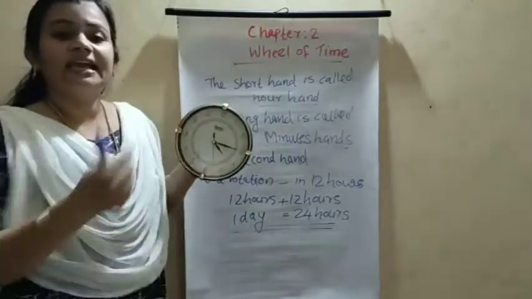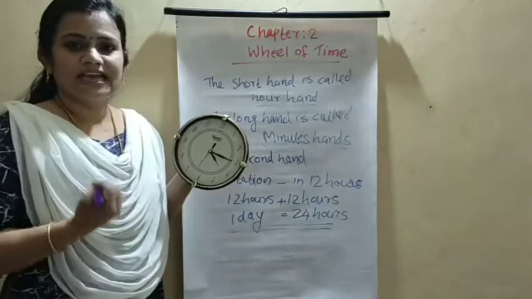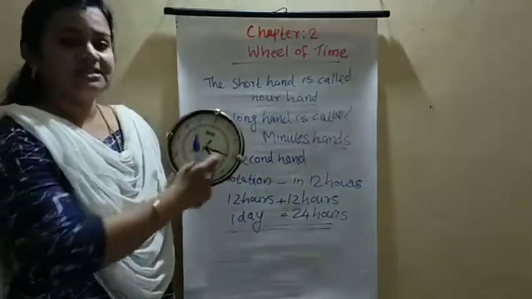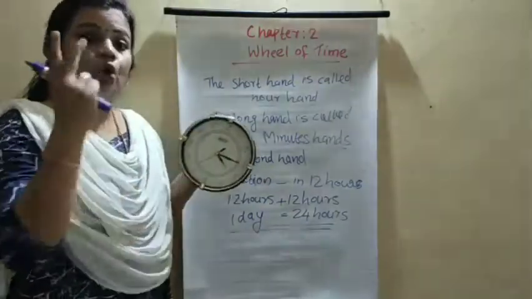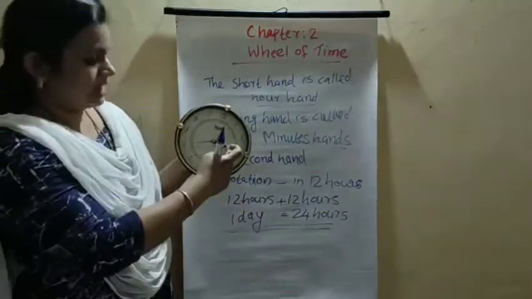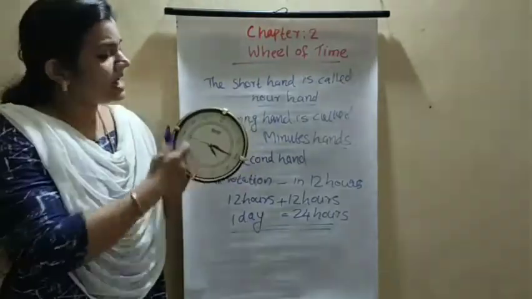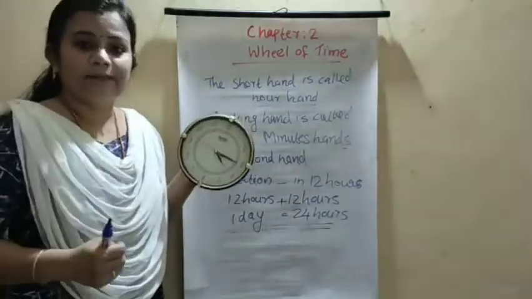Then what about the second hand completing one rotation? See, the hour hand completes one rotation in 12 hours, as we studied. Then the minute hand completes one rotation in 1 hour. The second hand completes one rotation in what?